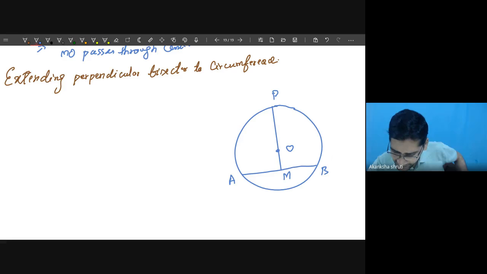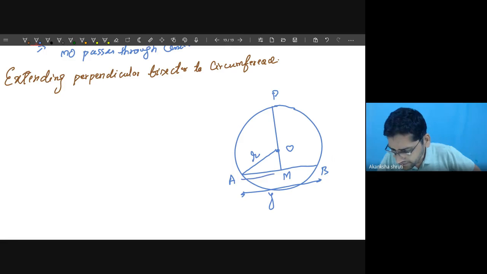Students, here in this case, joining O to A, it is our radius. If we consider the chord length, then this chord length we can write as Y, then this much length becomes Y by 2.